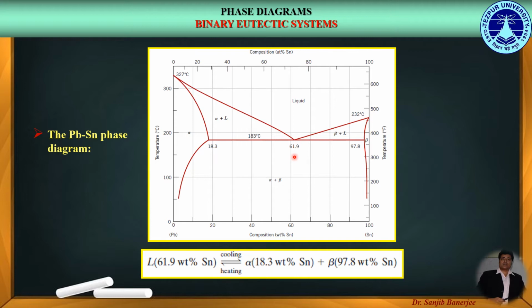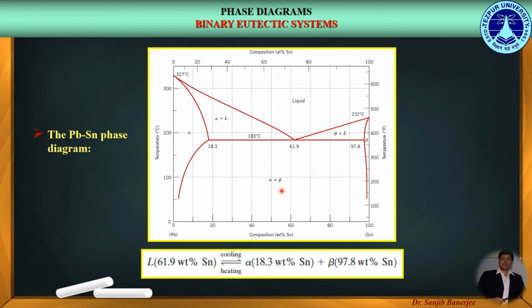So, if we consider the eutectic reaction, whenever an alloy of the eutectic composition, 61.9% of tin, is cooled down from the liquid phase at the eutectic temperature of 183 degrees centigrade, the liquid phase will be converted into the two solid phases of alpha and beta, which is revealed in this equilibrium phase diagram.